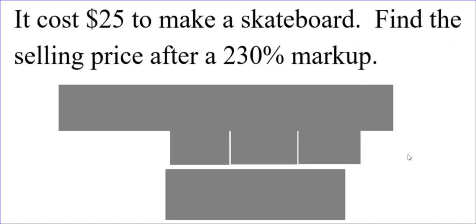One more example. It costs $25 to make a skateboard. Find the selling price after a 230% markup. Now, the idea of markup is an increase. It costs a certain amount of money to make an item, but to make a profit, you have to mark up the price. So that is what's happening here. Now, that doesn't mean that you pay 230%.